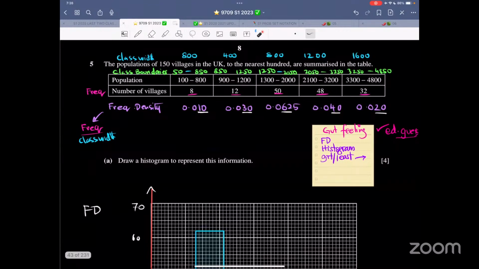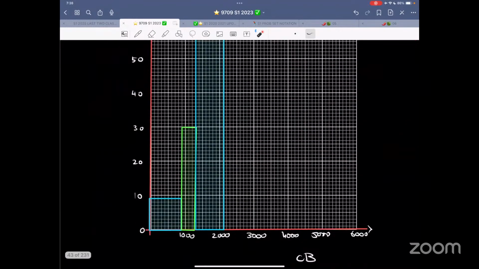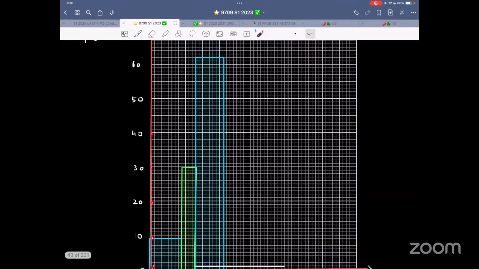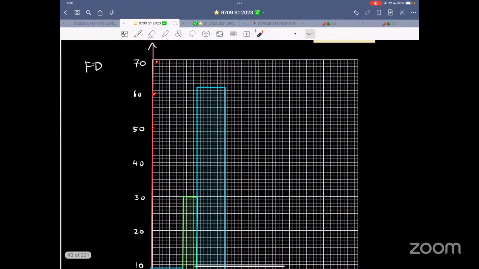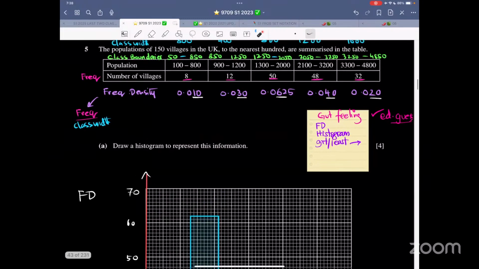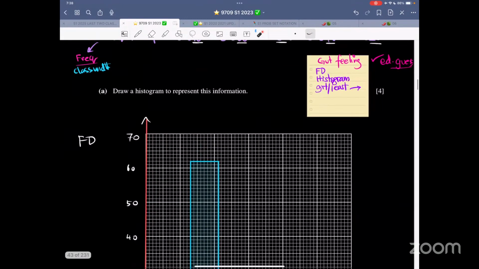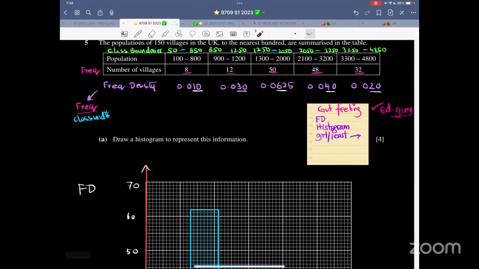Remember that. So now over here, I'm starting from 0, 10, 20, 30, 40, 50, 60, 70. I'm going all the way up till here. And this is whatever this value is, 0.010. Isn't this 10 divided by 1000? Yes, it is 10 over 1000.